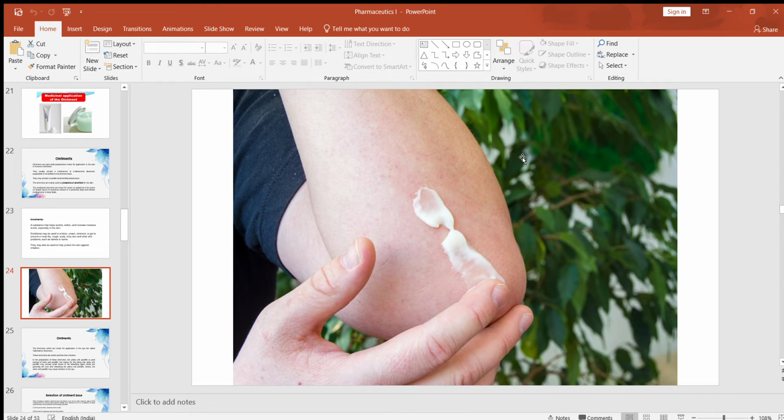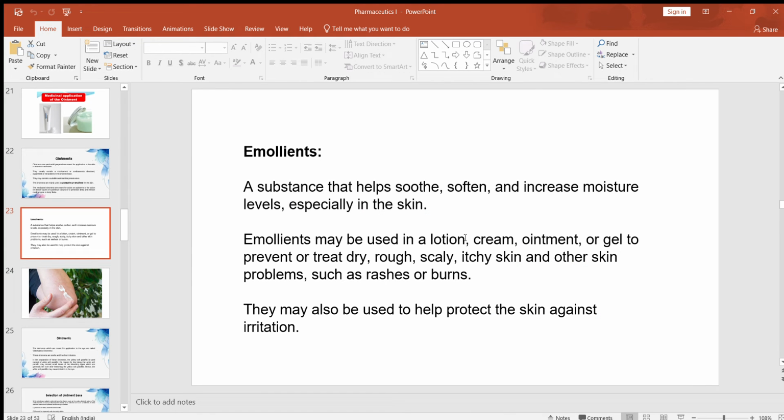thereby preventing evaporation of moisture from the skin. Now if we compare the emolliency effect between, for example, ointments, creams and gels, we can compare ointment and cream with respect to emolliency.